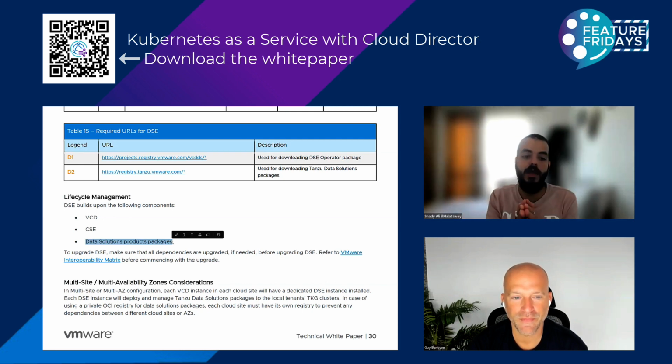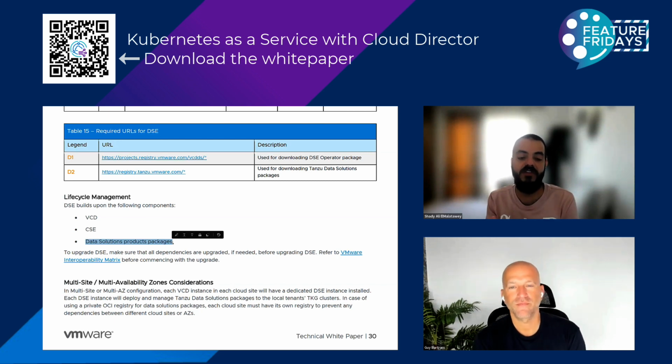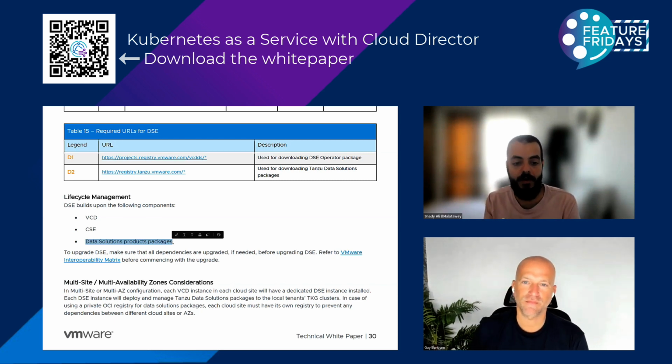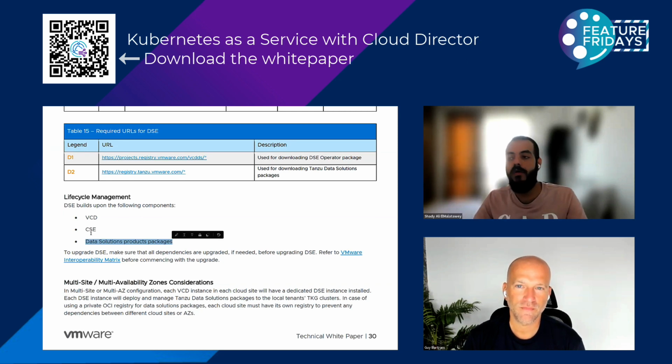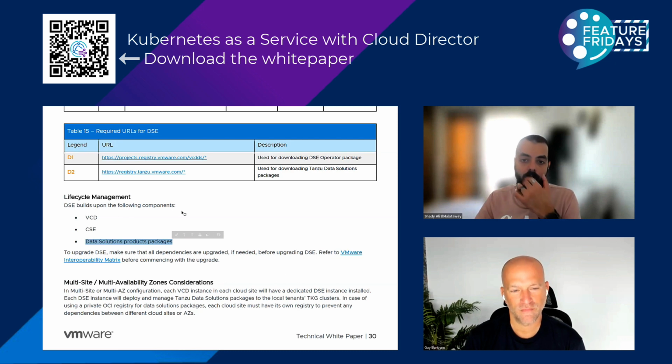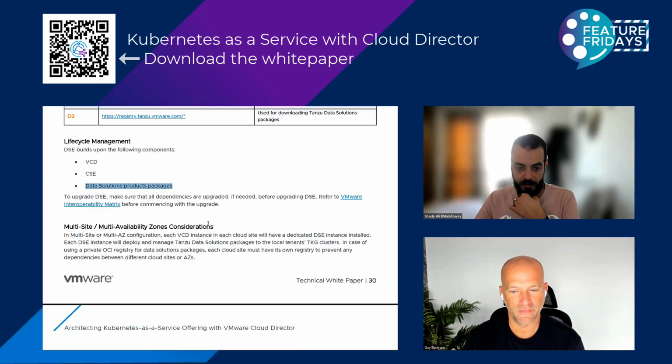So let's say you are deploying a RabbitMQ instance with certain CPU and memory, maybe the out-of-the-box sizes that you have might not fit your needs. You can use DSE to edit the YAML file yourself, add whatever parameters you need, and just click deploy, and that gets deployed based on the Tanzu RabbitMQ image itself.